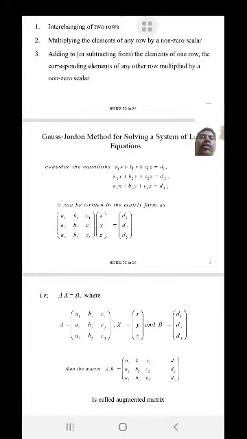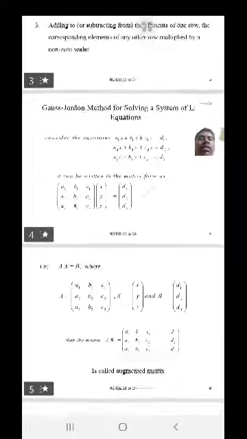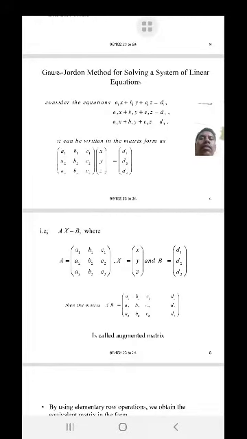So, Gauss-Jordan method for solving a system of linear equations. Consider the equations a1x plus b1y plus c1z equals d1, a2x plus b2y plus c2z equals d2, a3x plus b3y plus c3z equals d3.